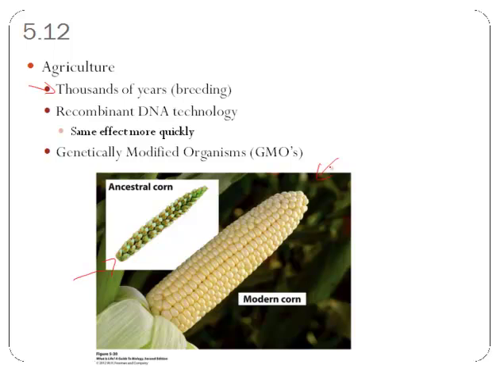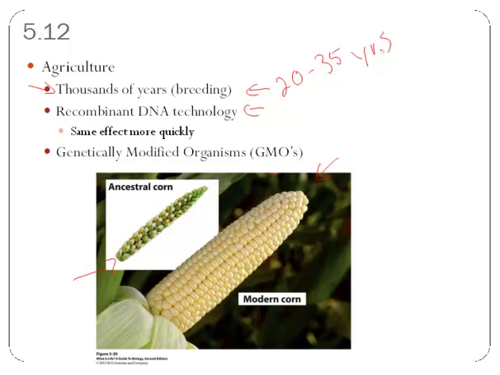Just breeding and selectively picking which traits has modified them substantially. It's only very recently that we've started using recombinant DNA. And you get the same effect, but much more quickly. So it might take maybe 20 years to breed corn or more, so 20 to 35 years to breed a particular trait or characteristic into the corn.